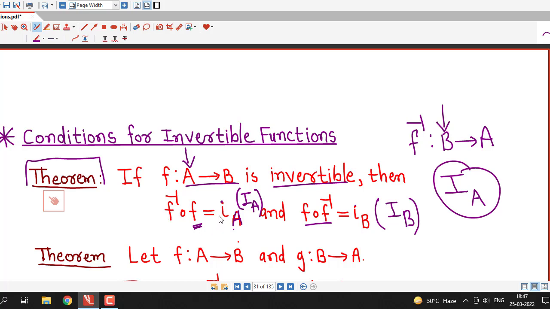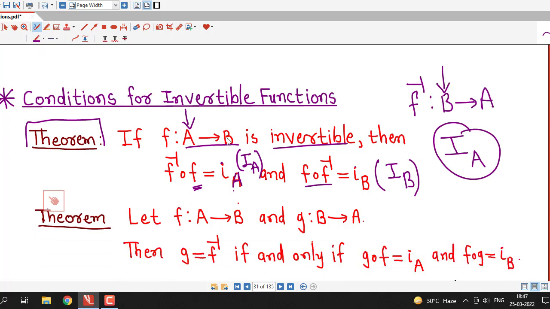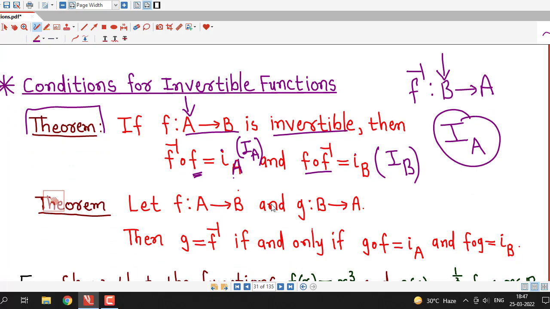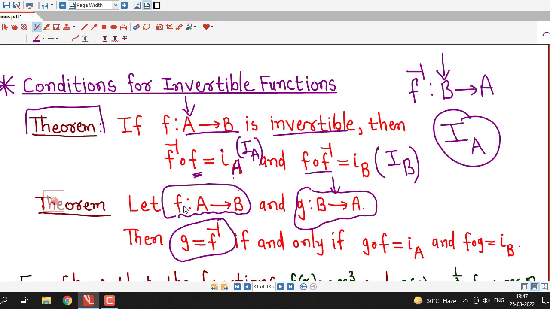Now another condition for invertibility is that if two functions are given, suppose f is a function from A to B and g is a function from B to A, then this function g will be inverse of this function f if and only if their compositions are identity functions.